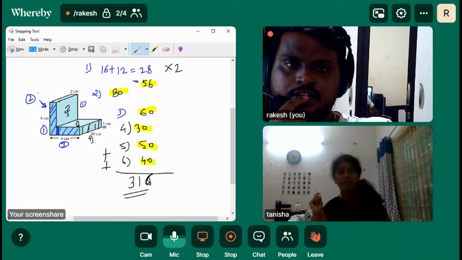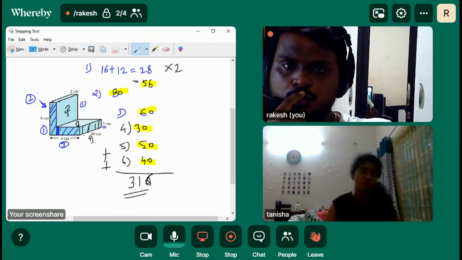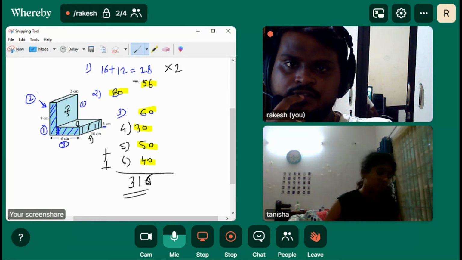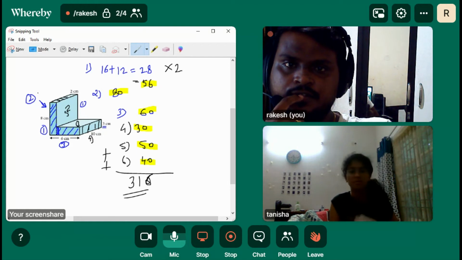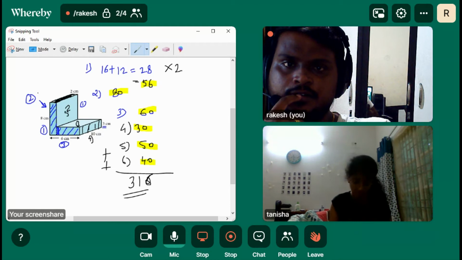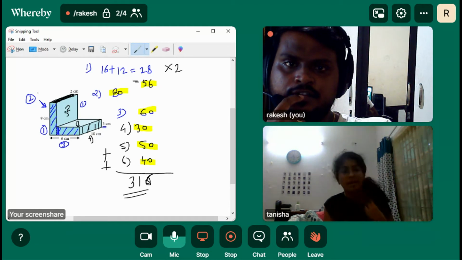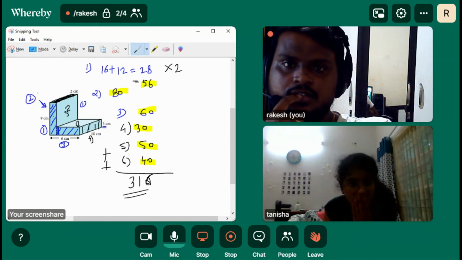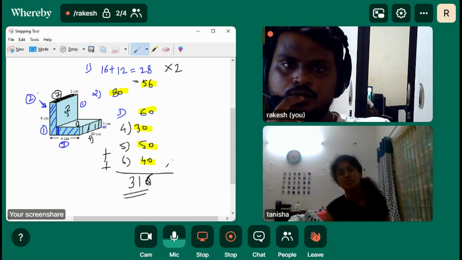Are you sure? Is anything left here? We left this part, the top one. What is the area of this? It will be 10 into 2, which is 20.